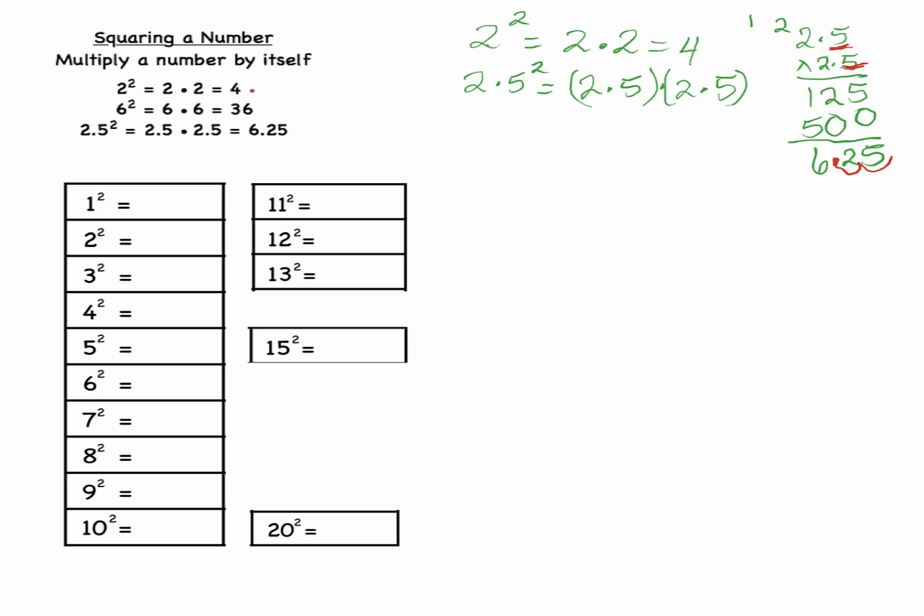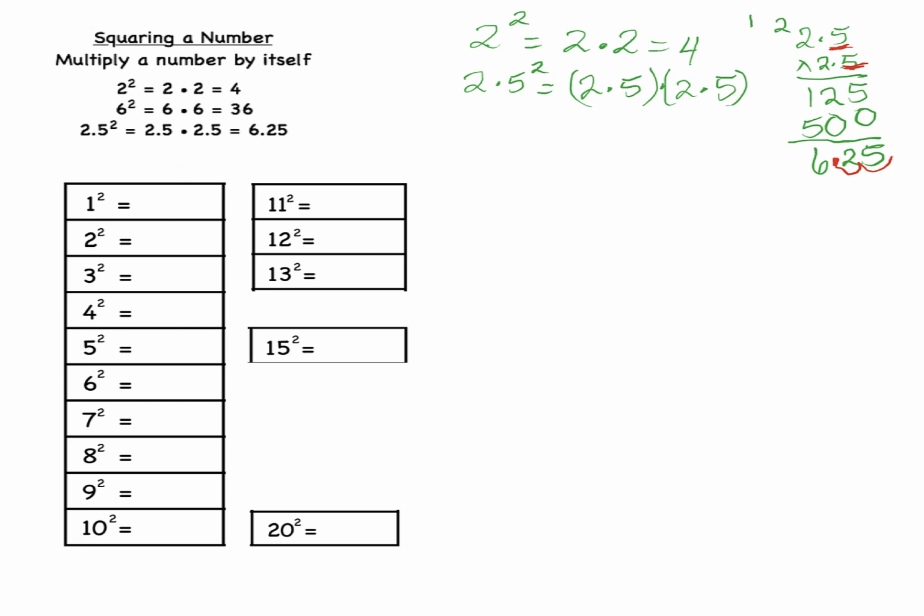So you have to be able to square numbers without a calculator. Students should memorize their perfect squares all the way to 12. But I included 13, 15 squared, and 20 squared because you never know. And when I teach this in my class, I always tell students, these are the favorites. So we have our favorites here.